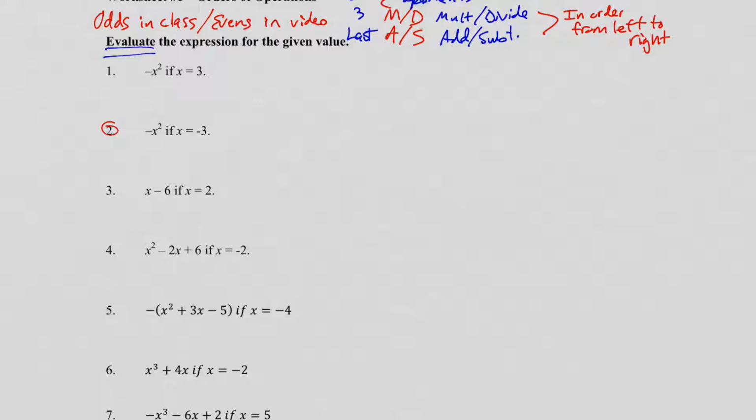So here's our expression, negative x squared. And this is saying substitute the x with negative 3 and find the value of that. So we're going to put negative 3 in here, which means negative 3 times negative 3 is positive 9, and then negative times 9 is going to be negative 9.